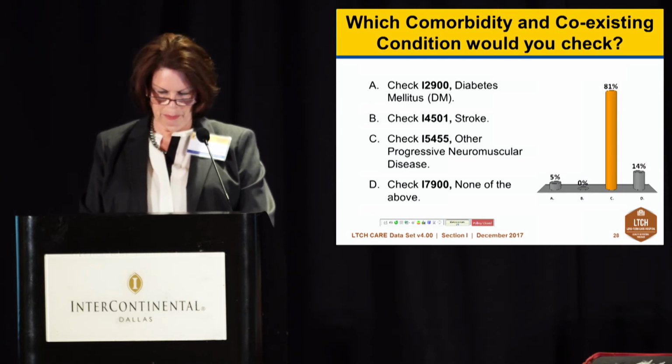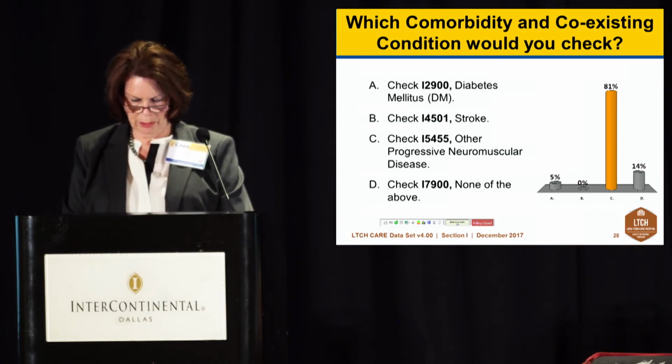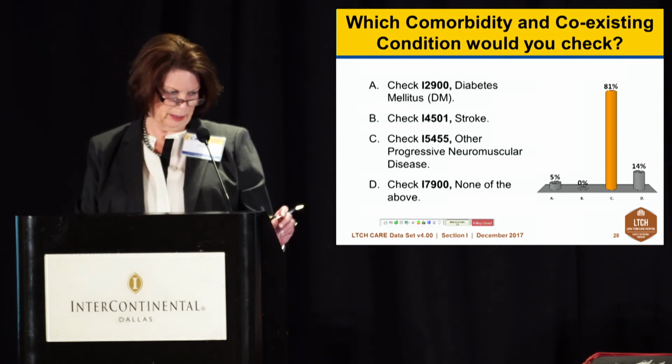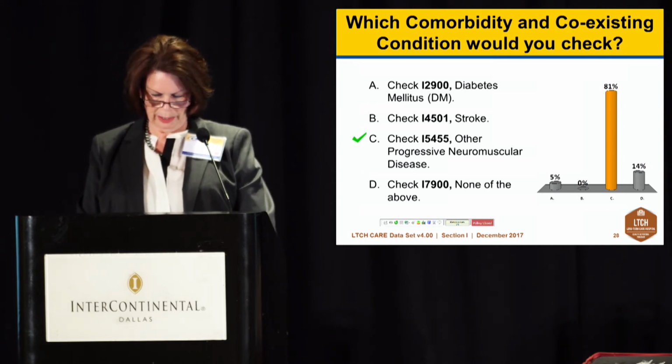And the majority of people selected C, other progressive neuromuscular disease, which is correct.